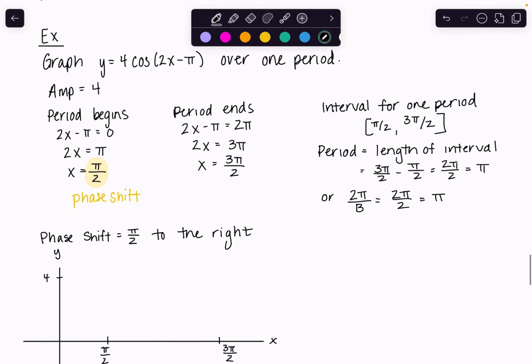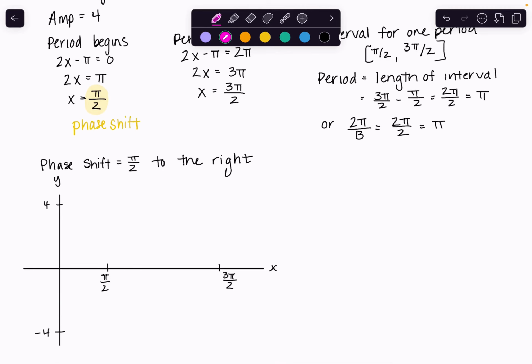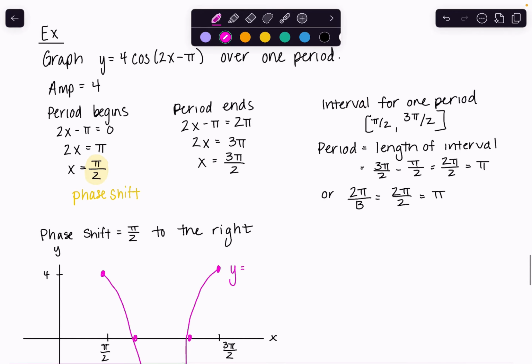I'm dealing with a cosine function, so I start at my peak, then I hit 0, then I hit my minimum. Come back to 0, and then go up to my peak again to get my valley shape. So this would be the graph of 4 cosine of 2x minus pi. I don't have to flip anything.